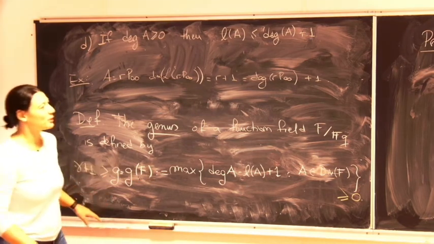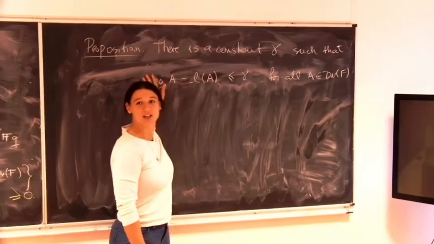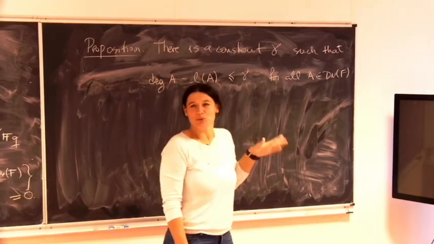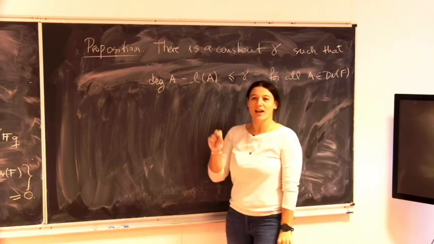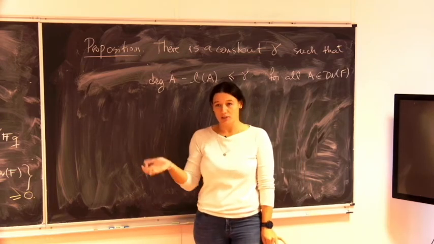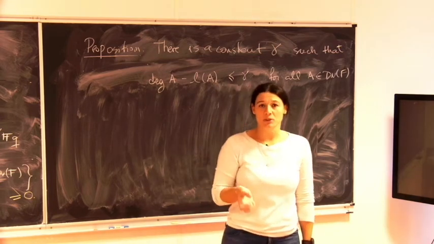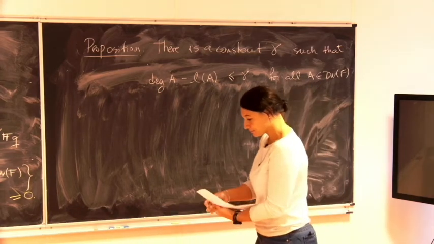So, well, with this only, we don't know how to compute the genus. We don't know what the genus is. But at least we know that we can have a natural number, or 0, which is going to be the genus of a function field, and is an important invariant there.